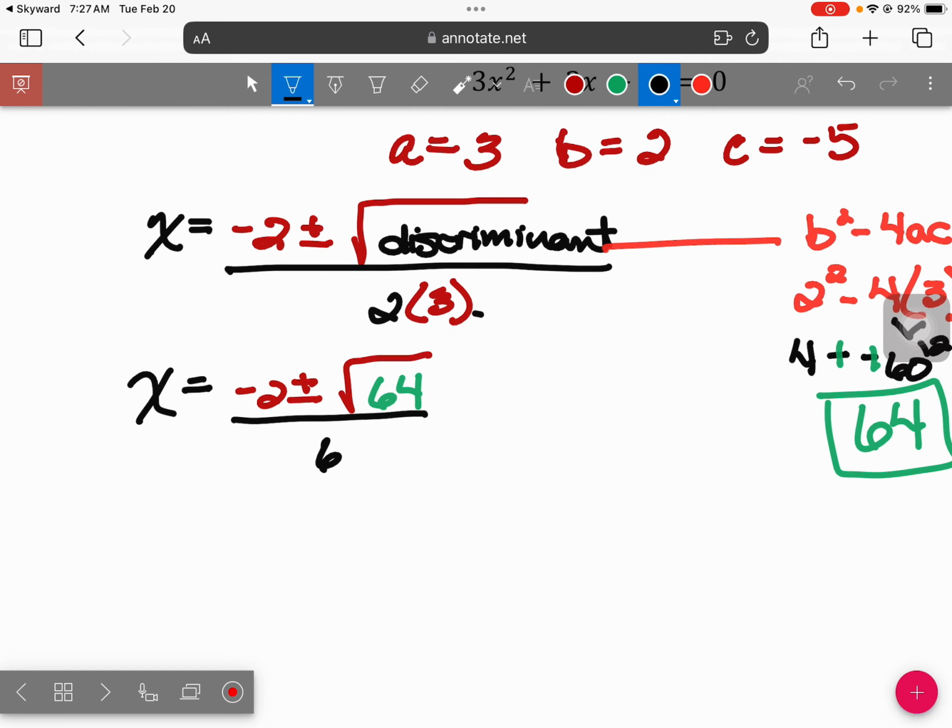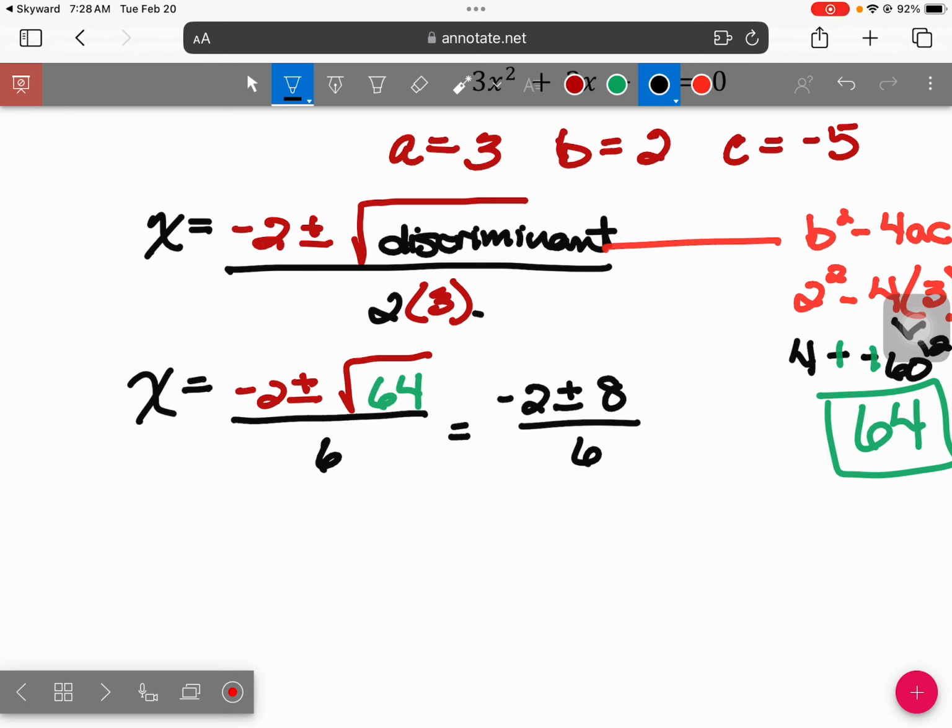Talk to me about 64. What do you know about 64? It's a perfect square. So what is the square root of 64? 8. So then it becomes negative 2 plus or minus 8 all divided by 6.